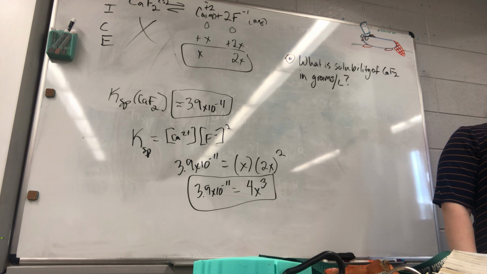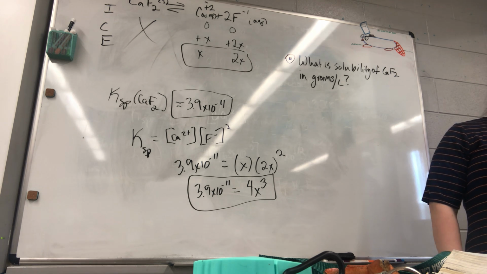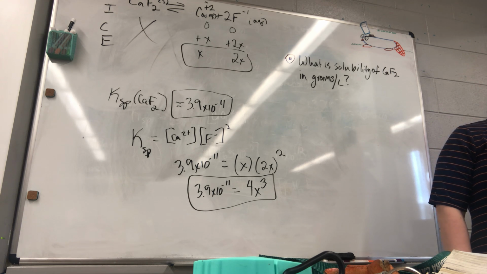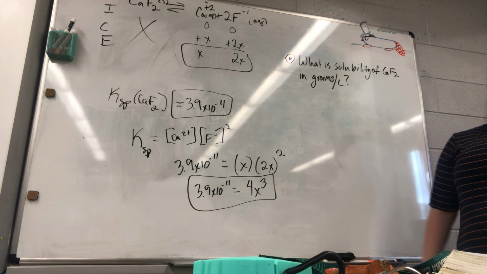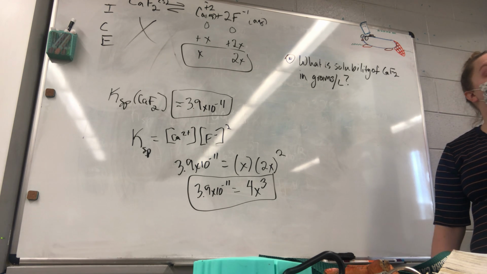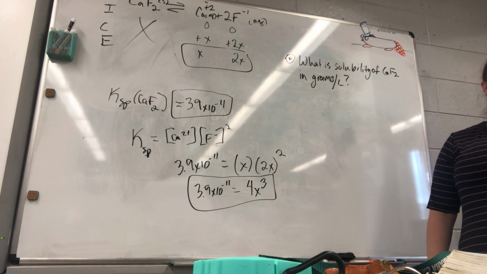You solve for x with a cubed exponent. For this equation, do we divide by 4 to the cube? Divide by 4 first. Okay. And then you take the cubed root, which is a button on most calculators, by the way.